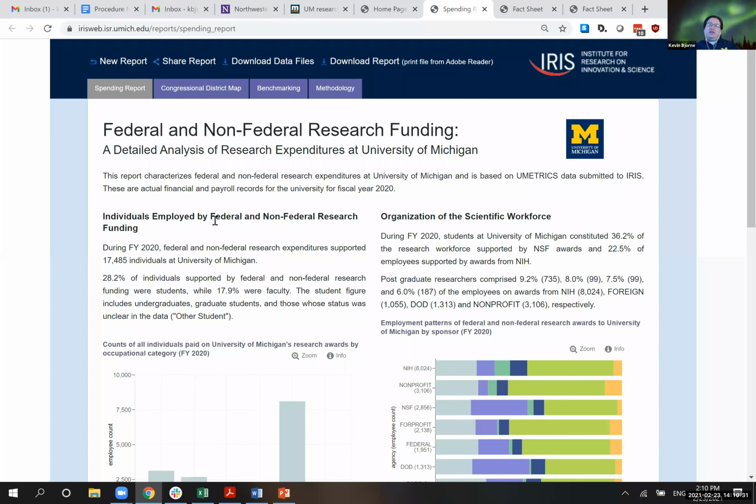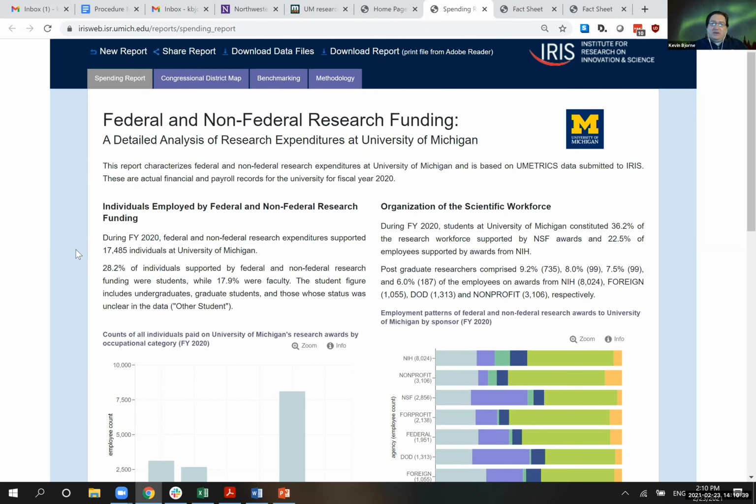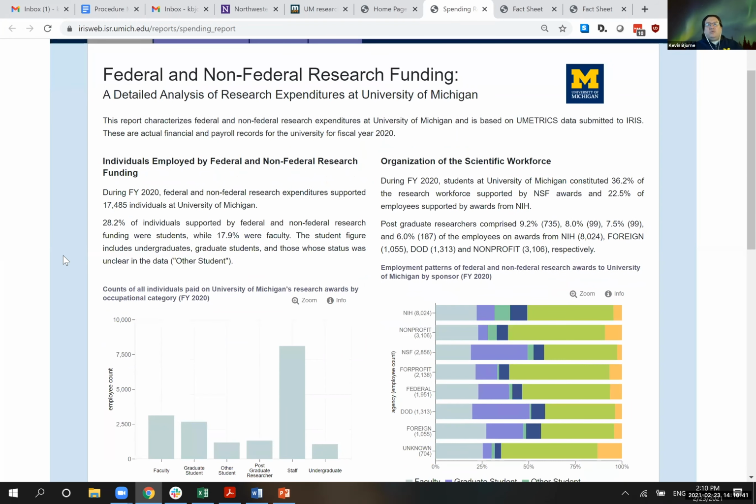So I'll start out here. I'll sort of walk through this report. Again, any questions, please feel free to reach out to me and talk to me about it. I would love to answer them. The report here can be configured in a variety of different ways. I'm only focusing on the most recently closed fiscal year. And in this case, I'm going to be looking at both federal and non-federal research funding.